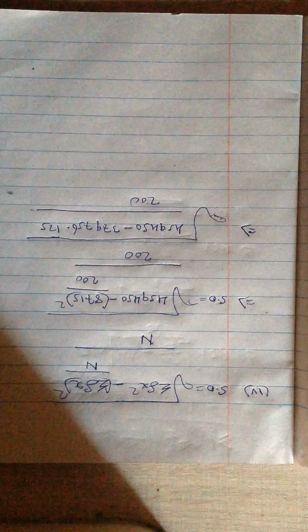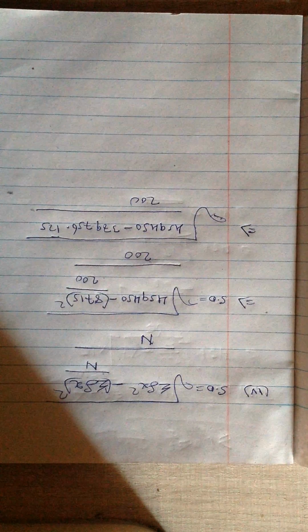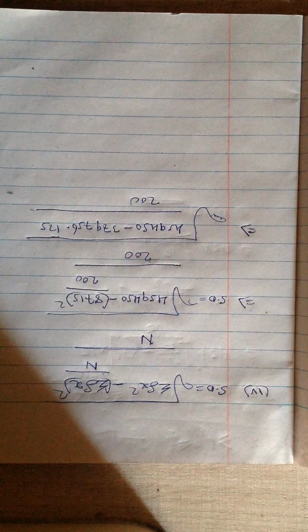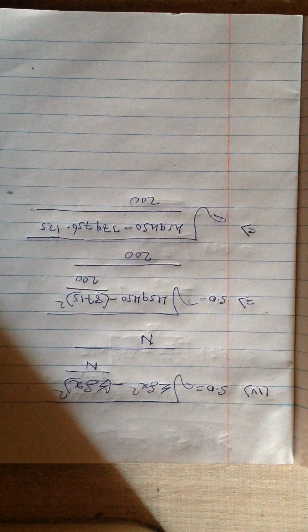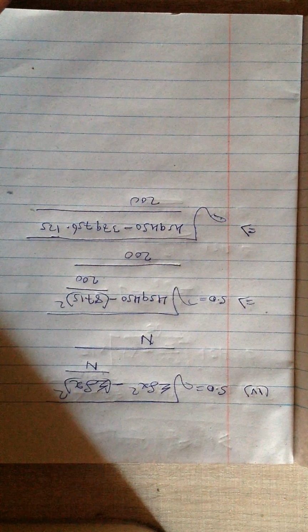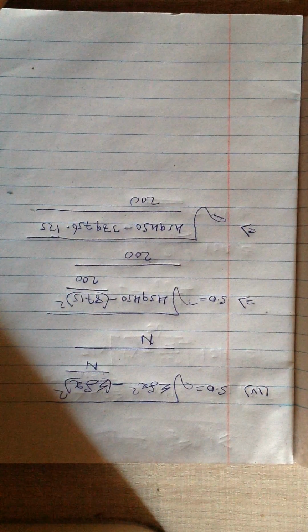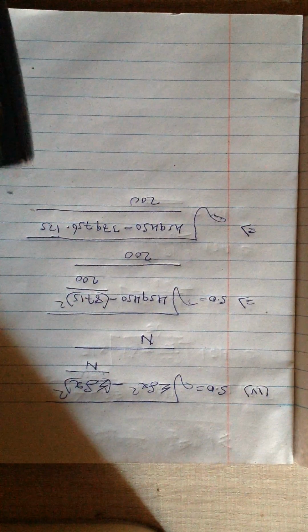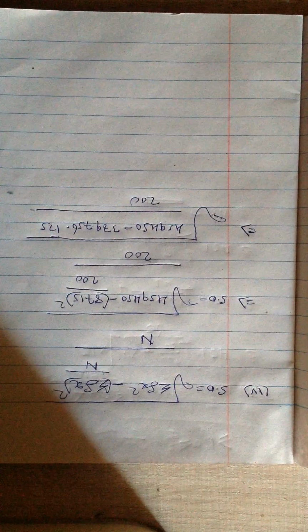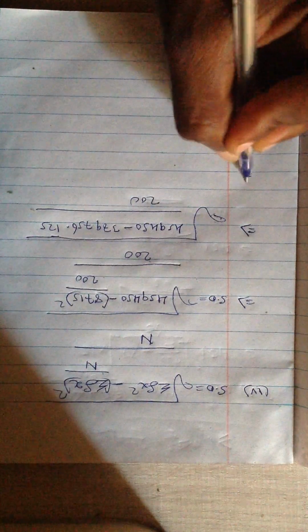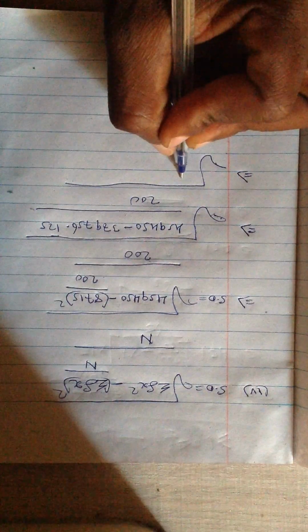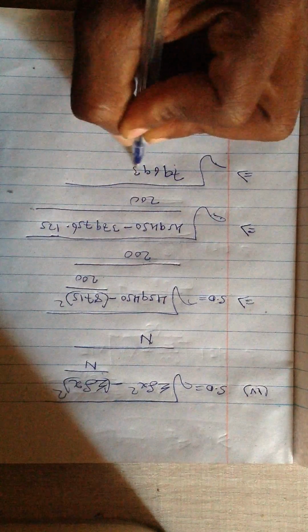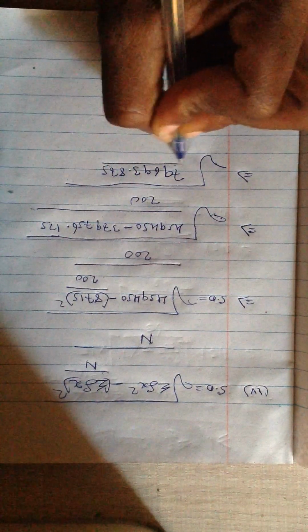When you subtract this, you're going to have something like 79,693.875. You divide it by 200.